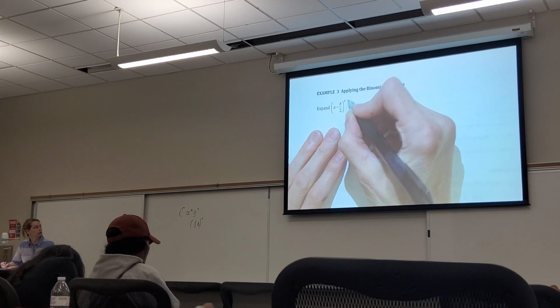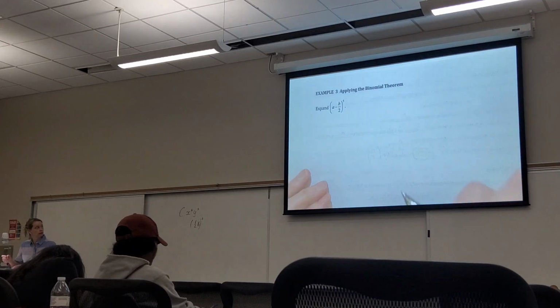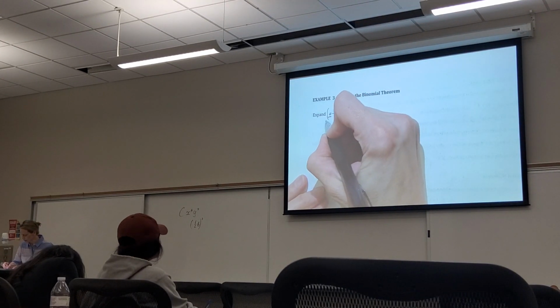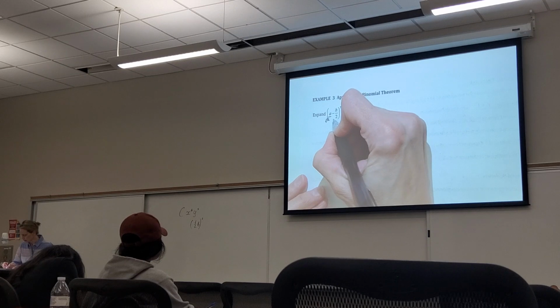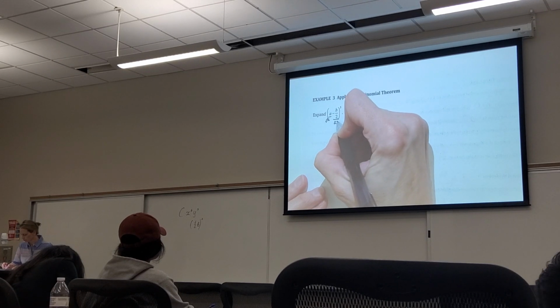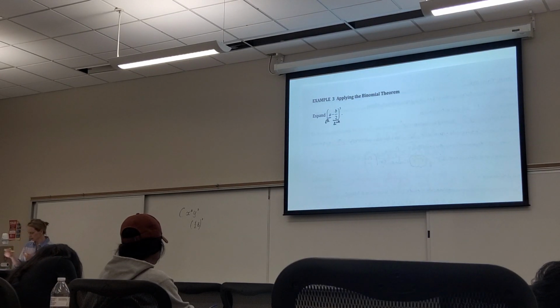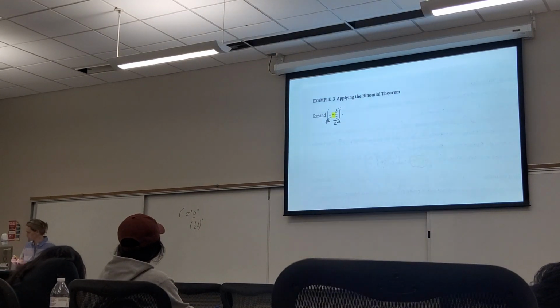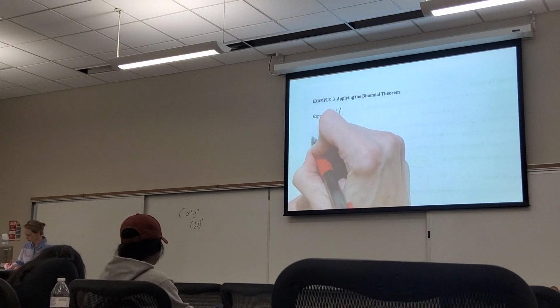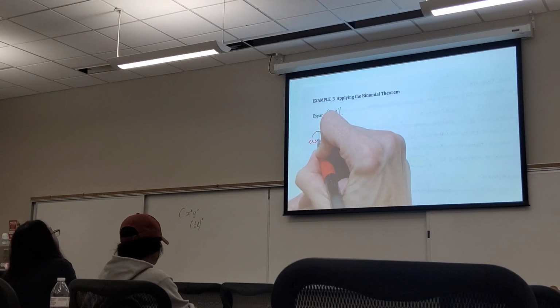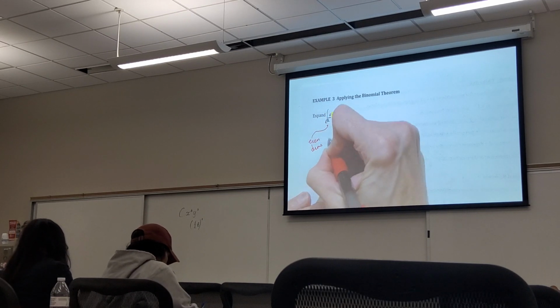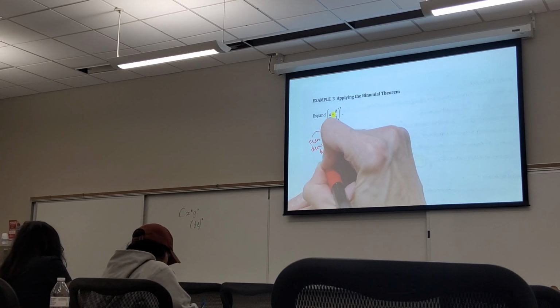So we have degree of 5, correct? I'm labeling. This is my first. This is my what? And moreover, I make a note for myself: even terms must be negative.